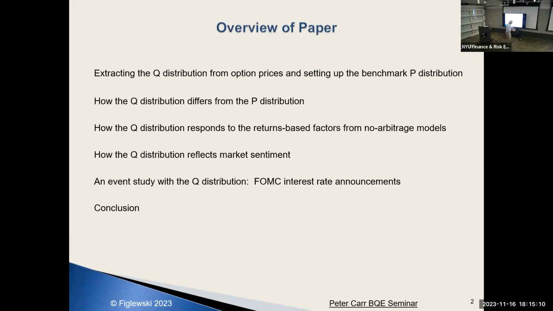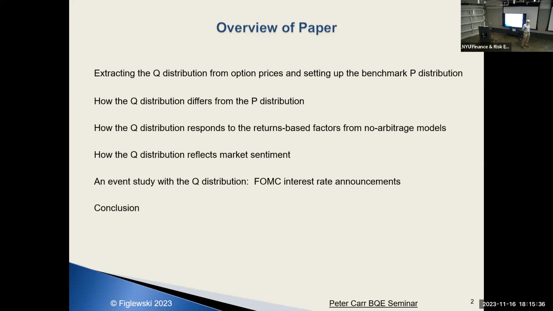So this is kind of an overview of what I want to do. First thing, how do you extract the Q distribution from option prices, and how am I going to set up what I'm going to take as a benchmark, the P distribution. The P distribution is meant to be the objective probability distribution, and the Q distribution modifies this by putting in effects of risk preferences.